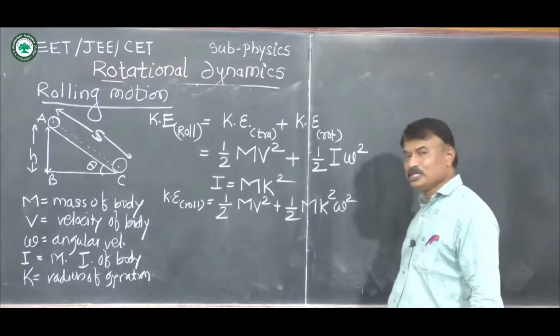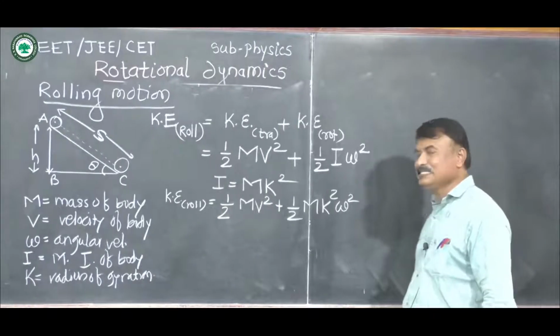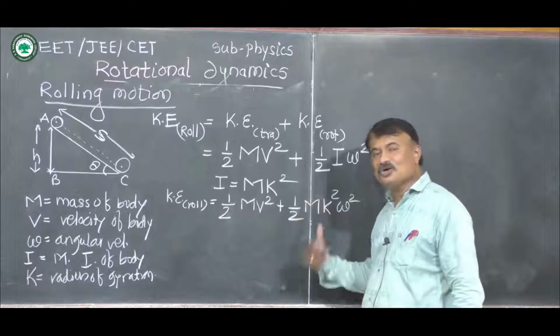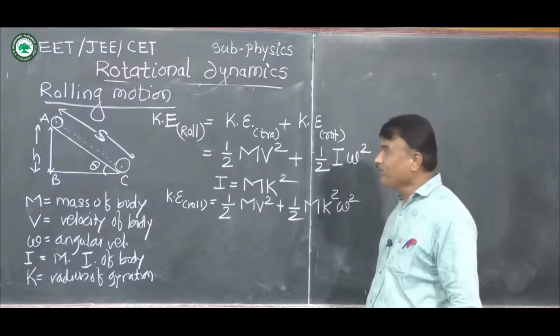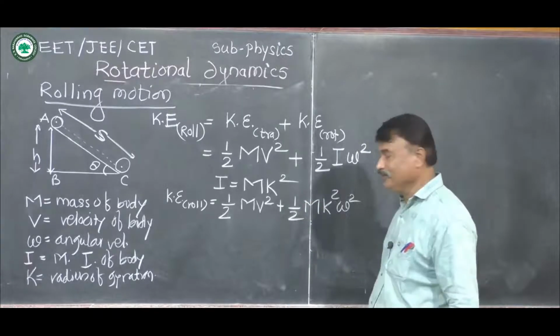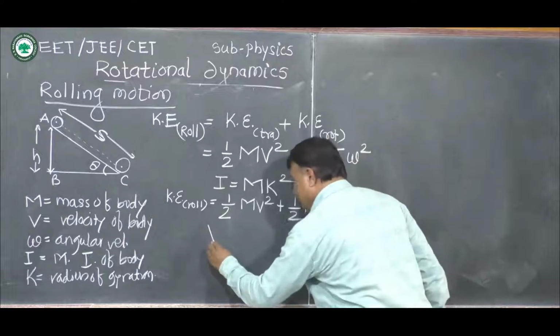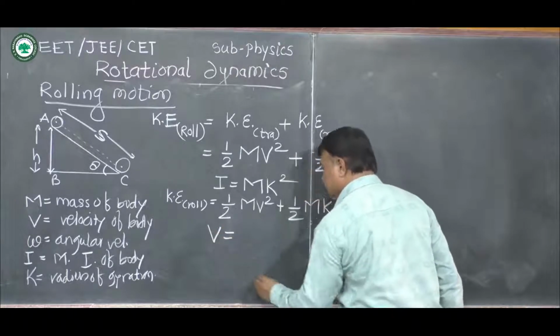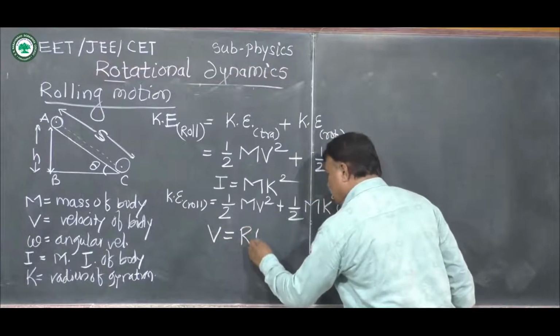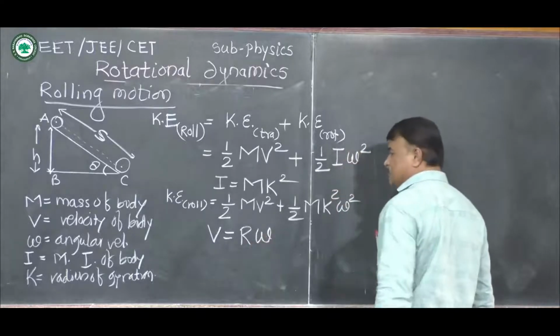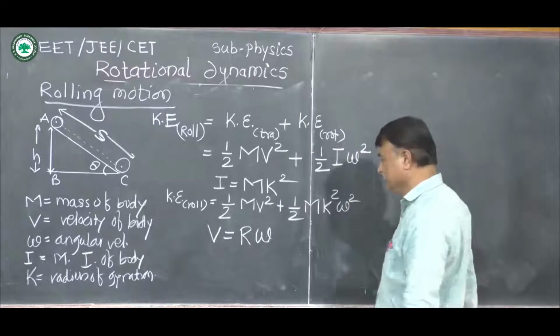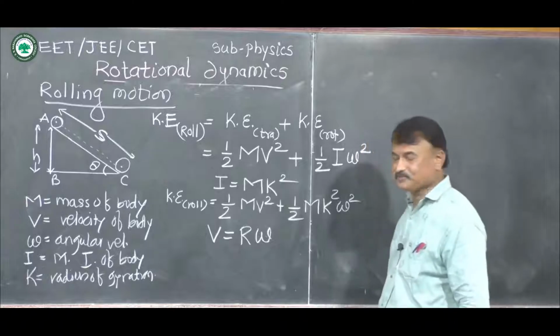In circular motion, we know the basic relation between linear velocity and angular velocity. If r is the radius of that body, then linear velocity v is equal to r omega, where omega is angular velocity and r is radius.